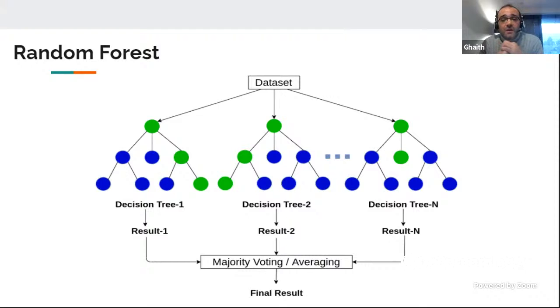These multiple decision trees predict the classes for our dataset, and to predict the class we perform a majority voting over these n decision trees. This is how random forest works. It predicts in parallel, and then it is only majority voting.